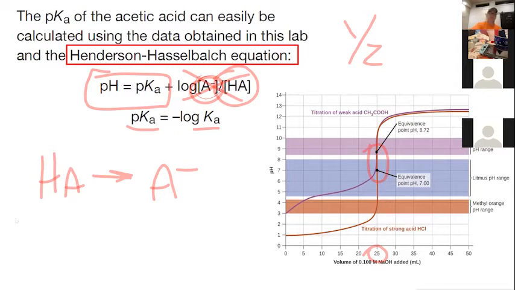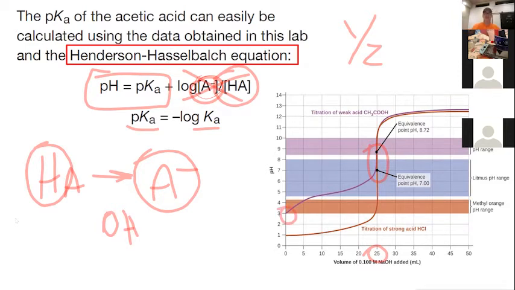At that point, all of the HA has been converted to acetate, all of it, because the hydroxide has peeled off all of the protons from the acetic acid and turned all of it into acetate. At the beginning, there's very little acetate produced. There's some, because it's a weak acid, it will be releasing some acetate, but very, very little.